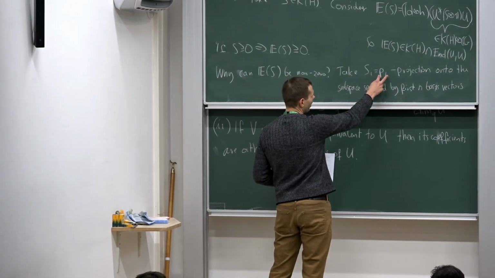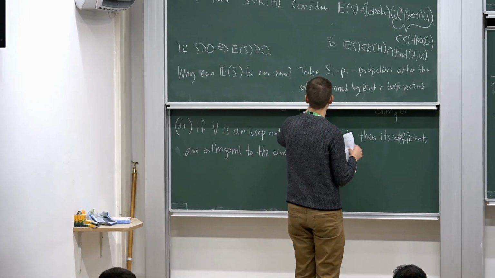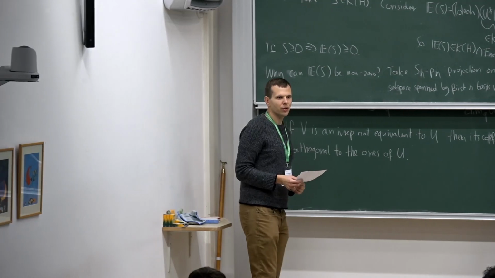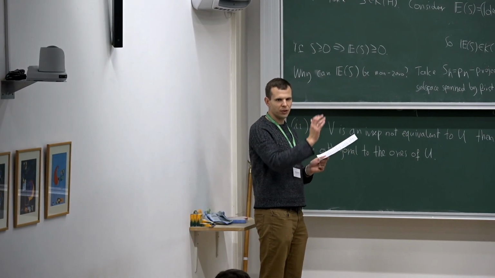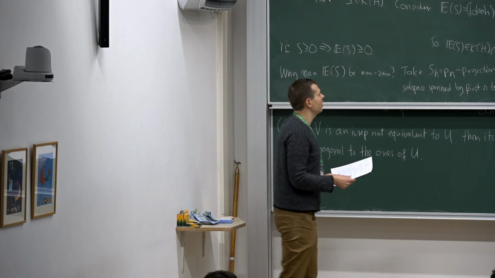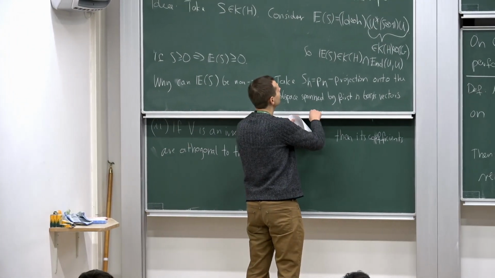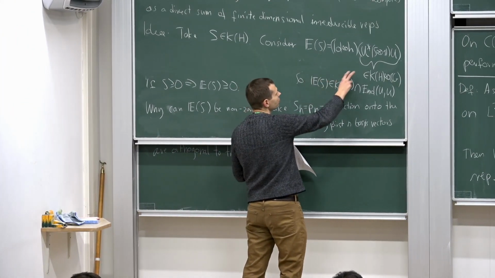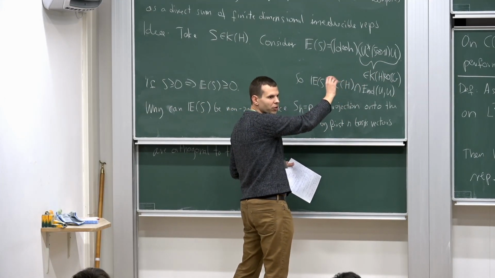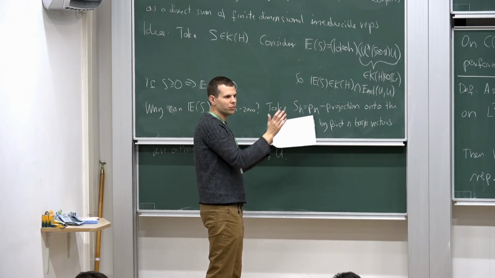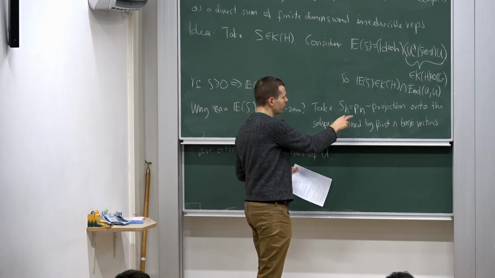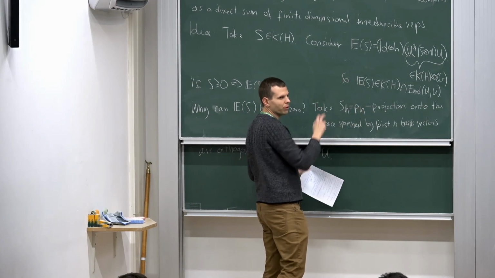So these will be finite rank projections converging in, say, the strong topology to the identity. And then you can show that because of that, this E of S somehow also converges to something nice. Somehow it's continuous with respect to some topology, and it will become non-degenerate at some point. And this is somehow how, using these things, you get a non-zero E of S.